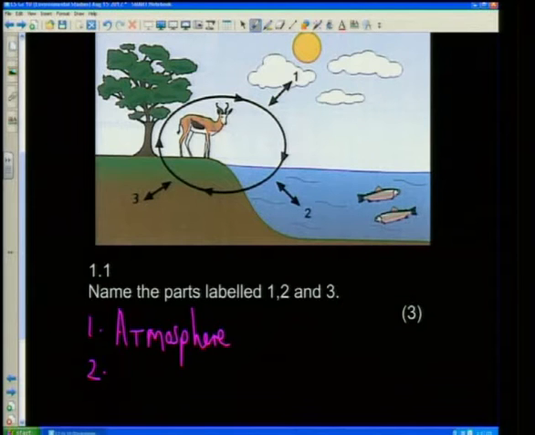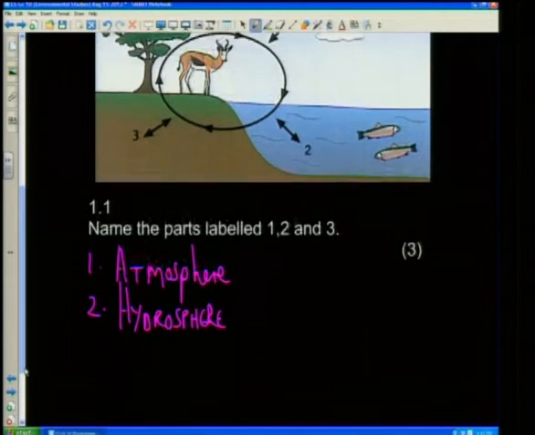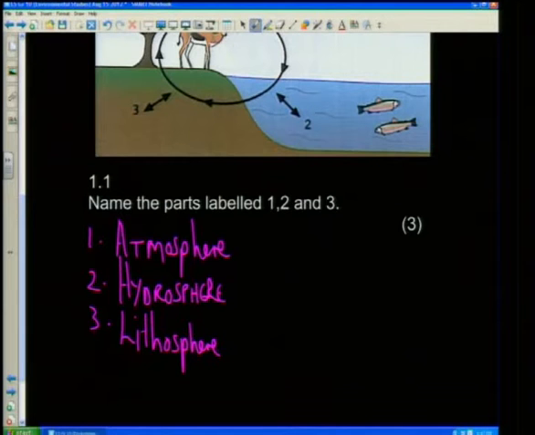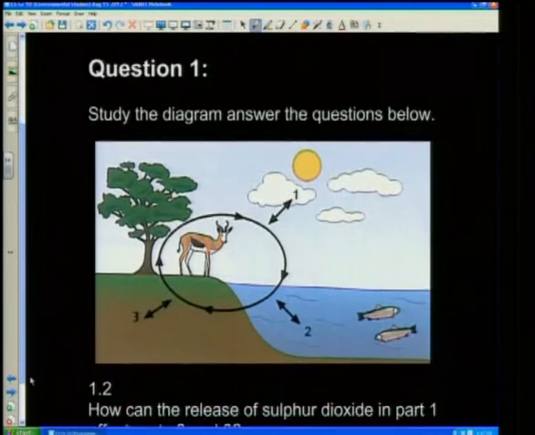Number 2 to the hydrosphere. And number 3 points to the lithosphere. Okay. We've answered those questions.